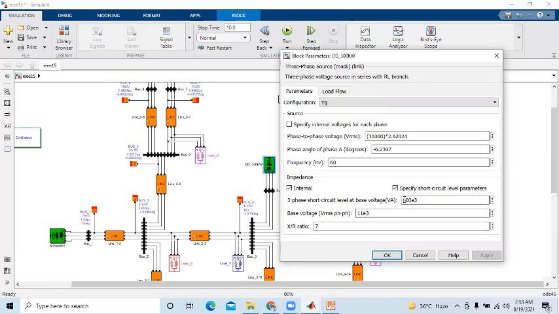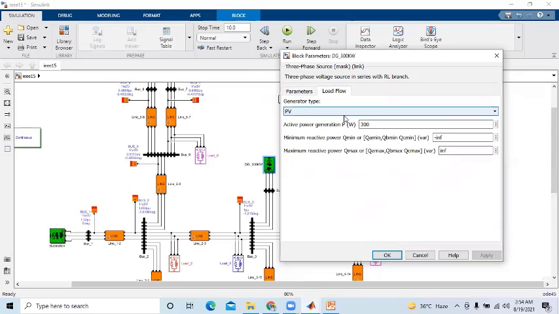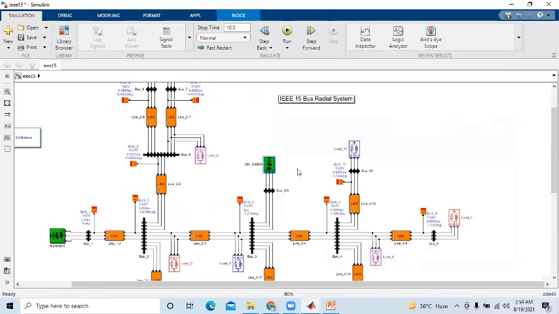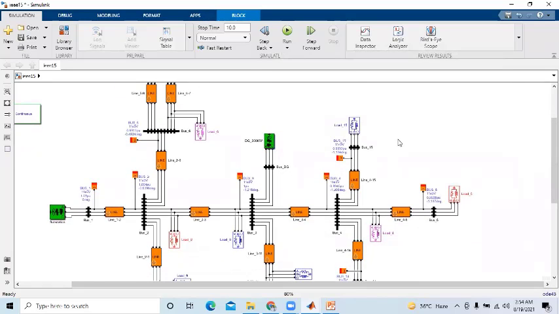That is 600 kVA and the base voltage is 11 kV. The load flow is a constant PV bus. It is taken as a constant PV bus with an active power of 300, and the Q minimum and Q maximum are being ignored right now. We are not going to consider that. So now let's create a fault over here.